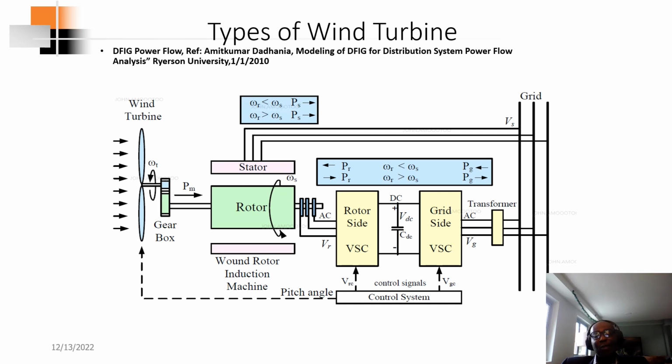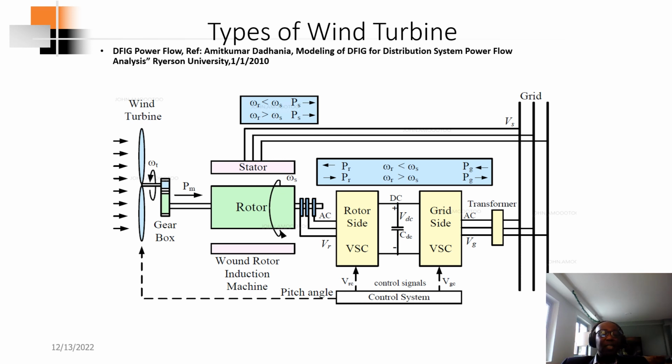So as you can see over here, we have the rotor side converter, or the machine side converter, and on this side we have the grid side converter. In between is a DC link and a storage capacitor, and basically these are connected back to back. And this is integrated to the control system.